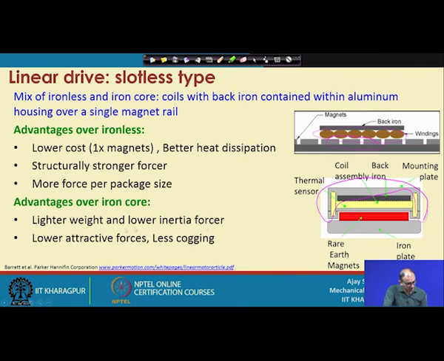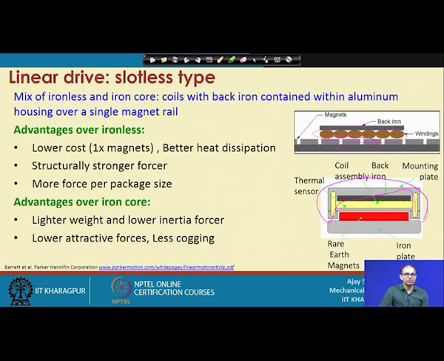And we know that there is no cogging available, even though we are using an iron plate here, because the distance between the forcer and the iron plate is large now. In the ironless kind you can completely avoid that cogging, but here you will get cogging, though that cogging is very little compared to the first kind. So, these are the advantages of this slotless with respect to the ironless and the iron core.